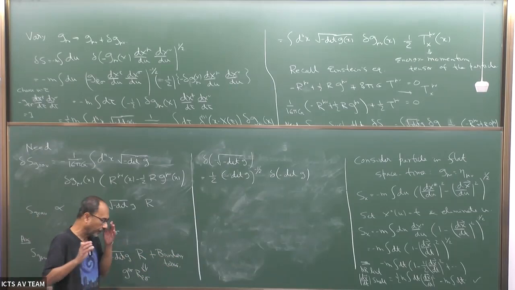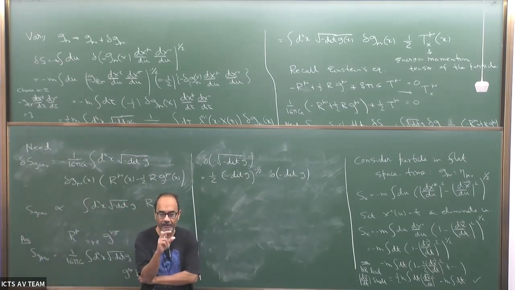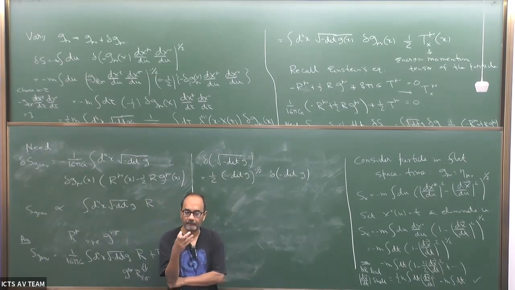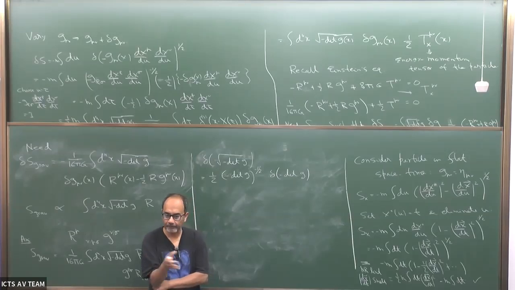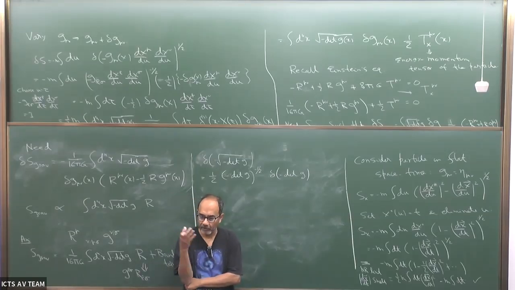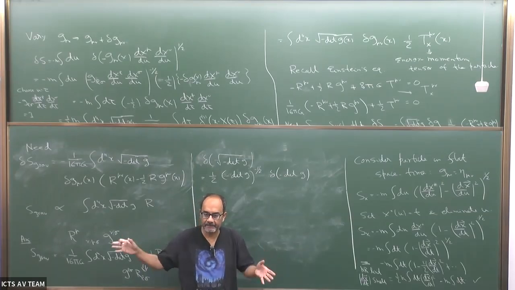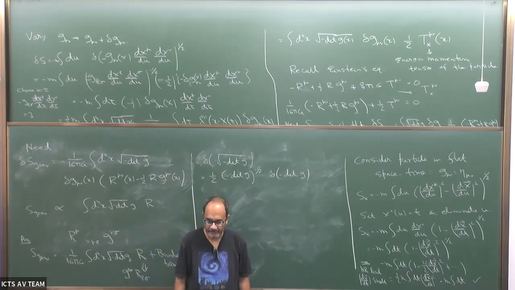Basically, the point is the following: if you look at the integral root G R and expand it out in parts of the metric, there are terms which involve the square of the first derivative of the metric, but there are also terms which involve the second derivative of the metric. For the second derivative, you sometimes have to do the integration by parts twice, because suppose both derivatives act on delta G. The first time you do the integration by parts, you get a boundary term that doesn't necessarily vanish by the boundary condition. And that you have to cancel by something else.